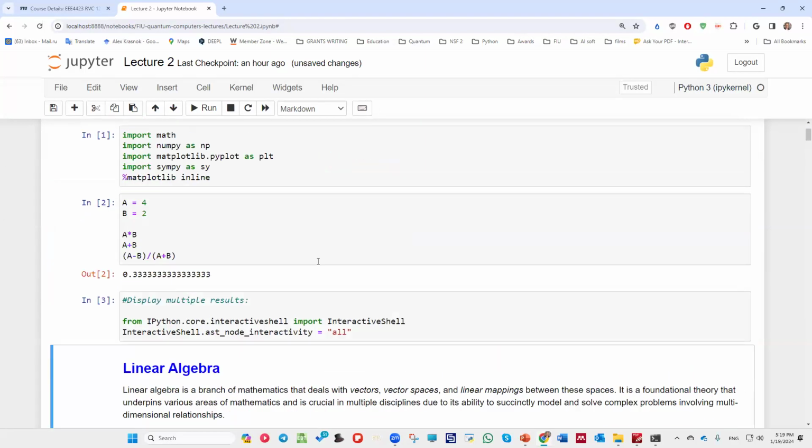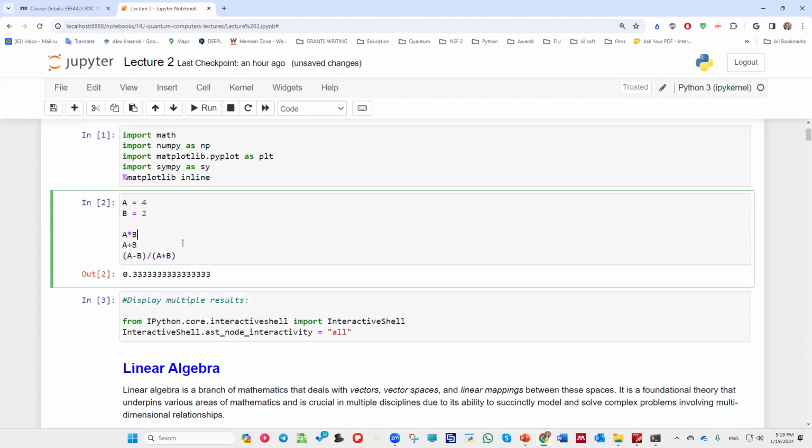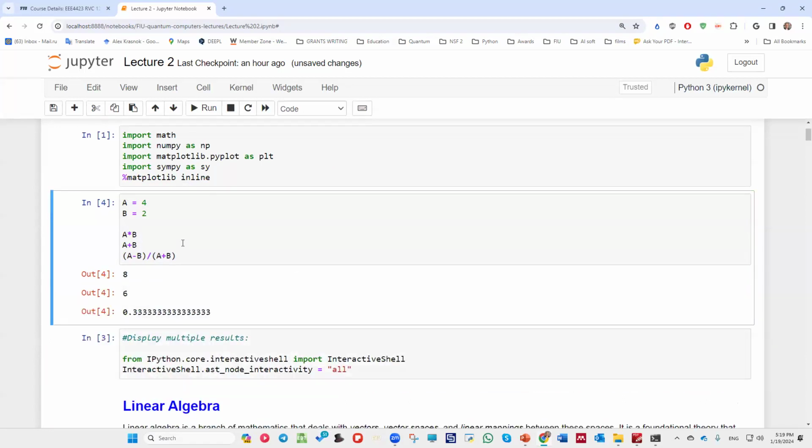Okay, I run this cell, and after that, I will be able to see multiple outputs. So now instead of just the last one, I got all three answers here.